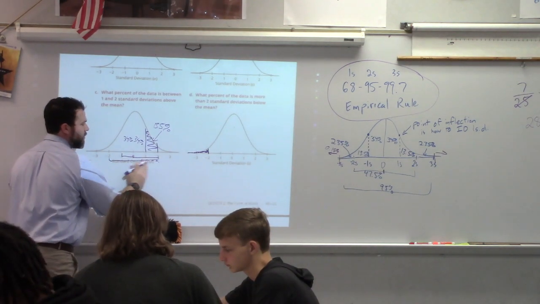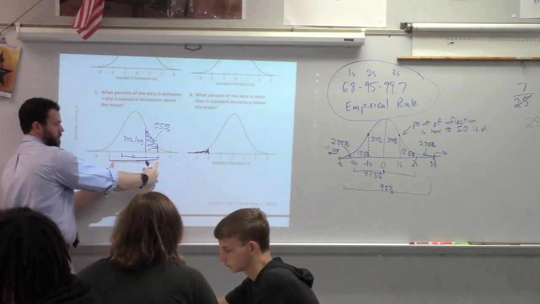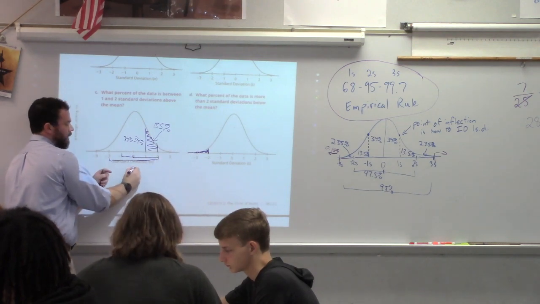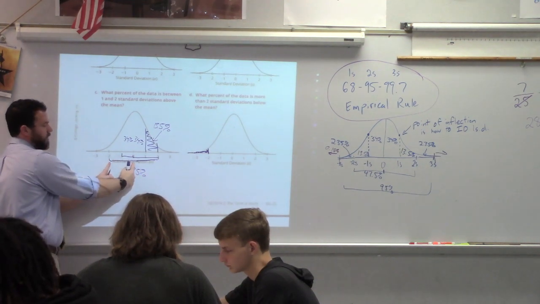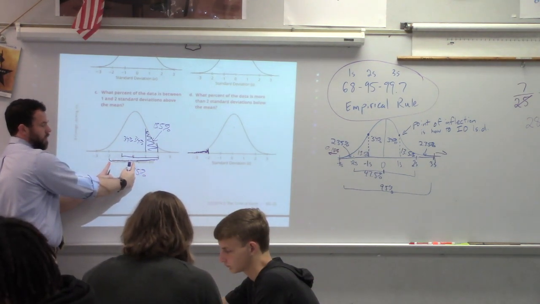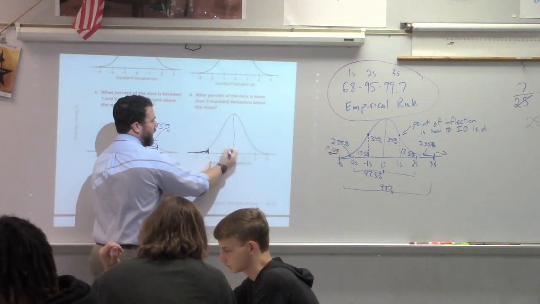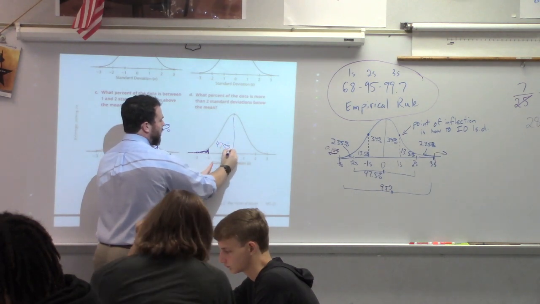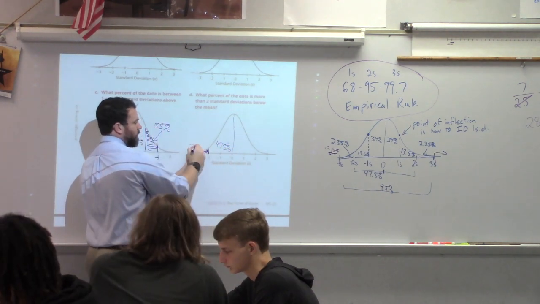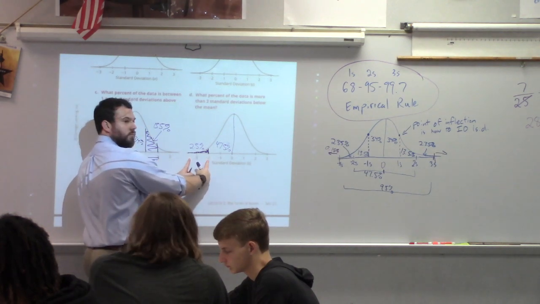An easier way to recognize it is this. What percent is between -2 and 2? 95%, right? So then, what percent was between 0 and 2? Between here and here is 47.5, right? So what is the tail here that I'm missing? 2.5.